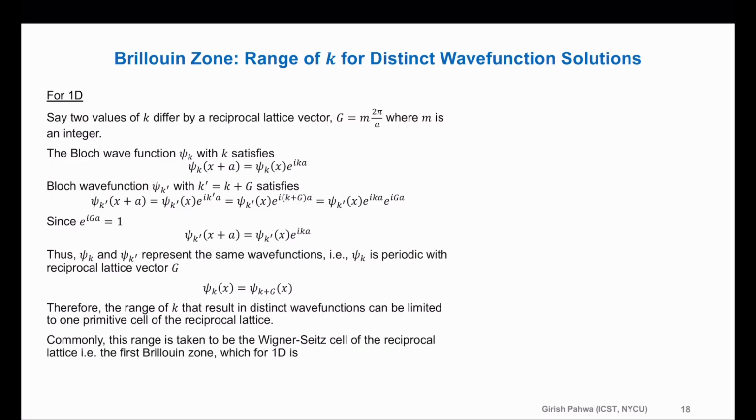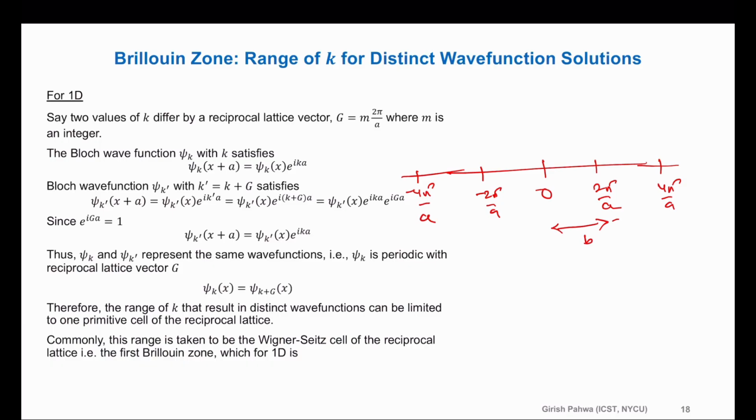Okay, so for 1D, what will be the first Brillouin zone? Say this is 0, this is 2 pi by a, 4 pi by a, minus 2 pi by a, minus 4 pi by a. So this is your b, this is 2b, and so on. These are reciprocal lattice points.